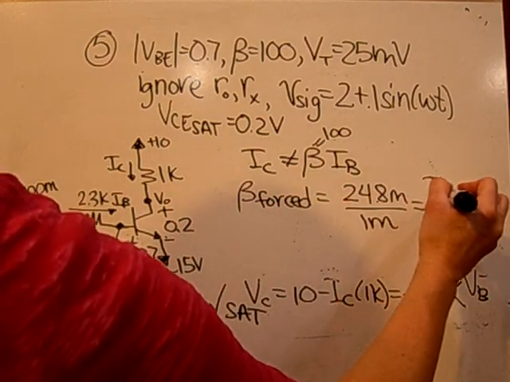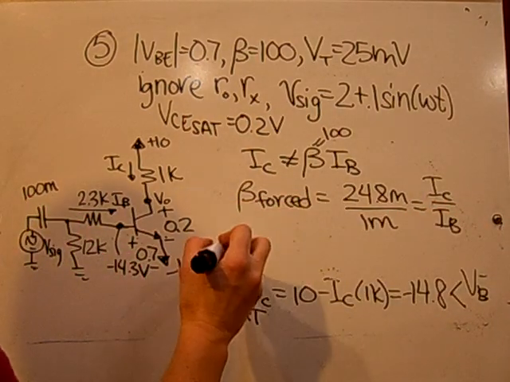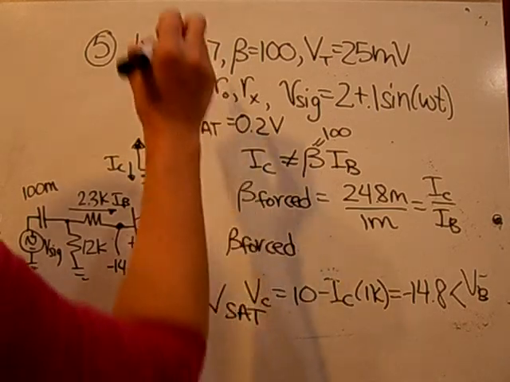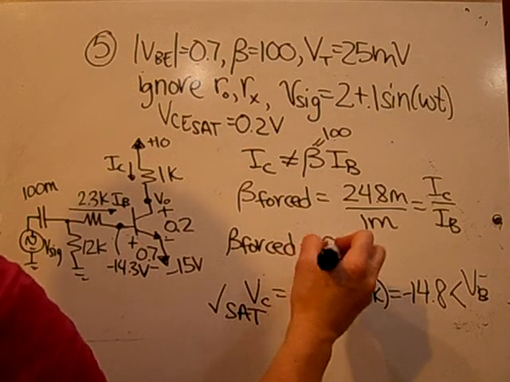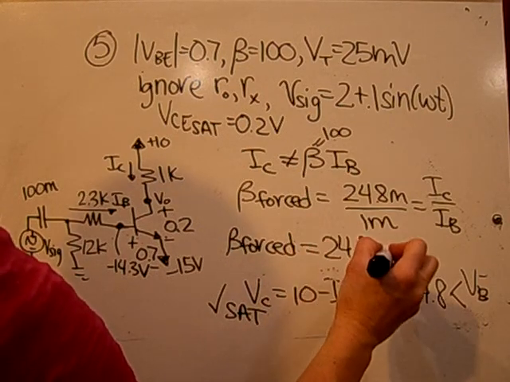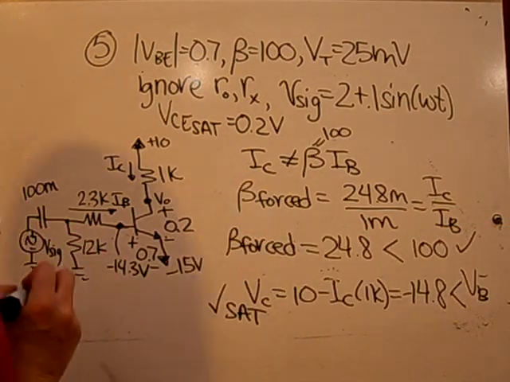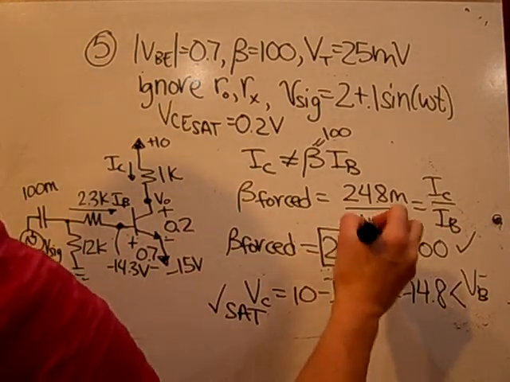So this was IC over IB of the saturation currents. That's the value of beta forced. And now beta forced needs to be less than 100 to also be in saturation. So 24.8 is less than 100. And so my beta forced value is 24.8.